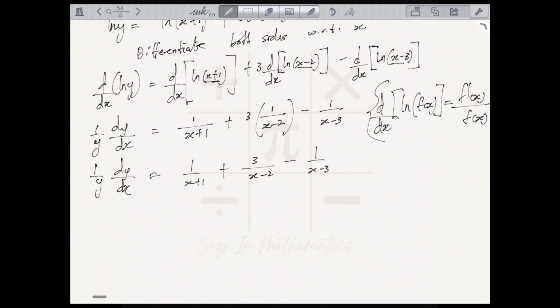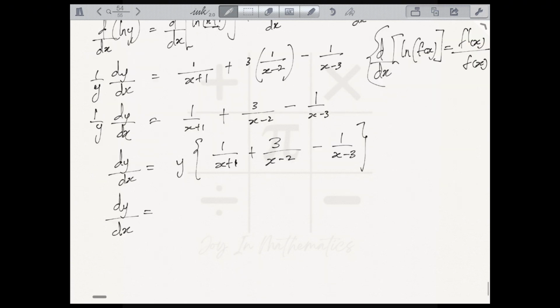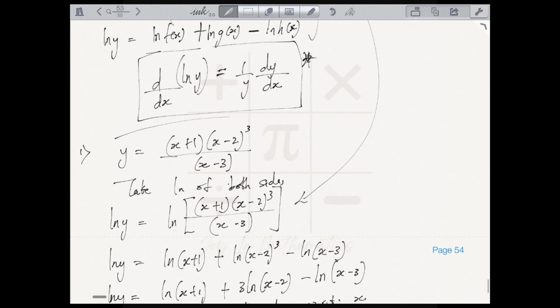Therefore, let's multiply both sides by y so that we're left with dy/dx here. So this will be y multiplied by 1 over (x plus 1) plus 3 over (x minus 2) minus 1 over (x minus 3). Substituting our y back into the equation, we know that our y is this expression.